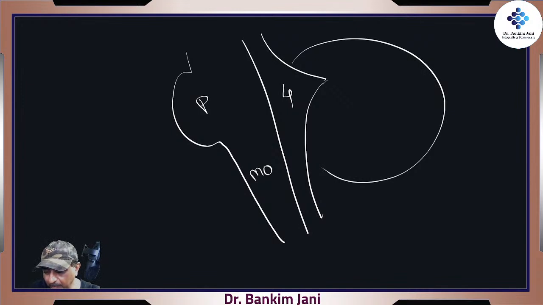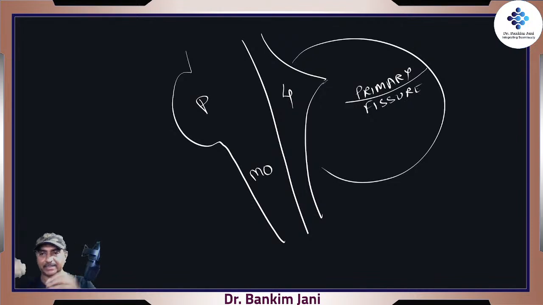There would be one primary fissure. This primary fissure will divide the whole cerebellum into two parts, anterior lobe and posterior lobe. So this is the anterior lobe, and the rest is all posterior lobe.